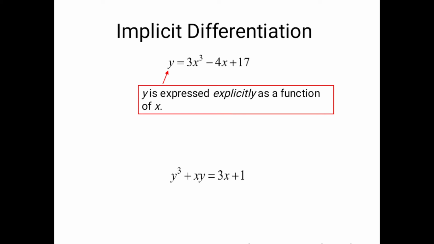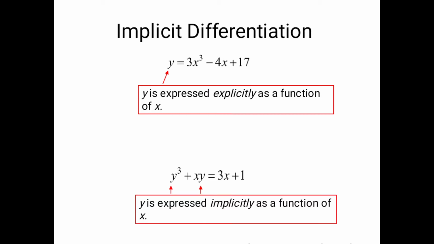As you can see, on the right side there is only the x variable, and on the left side we have both y and x variables. So this is what we call y expressed implicitly as a function of x. In this form, the function is expressed in terms of both y and x.